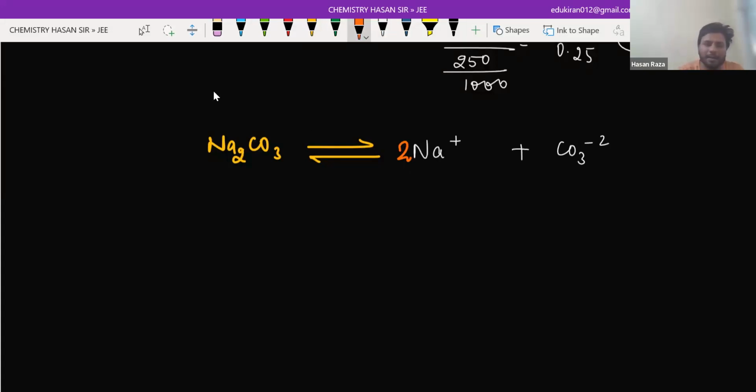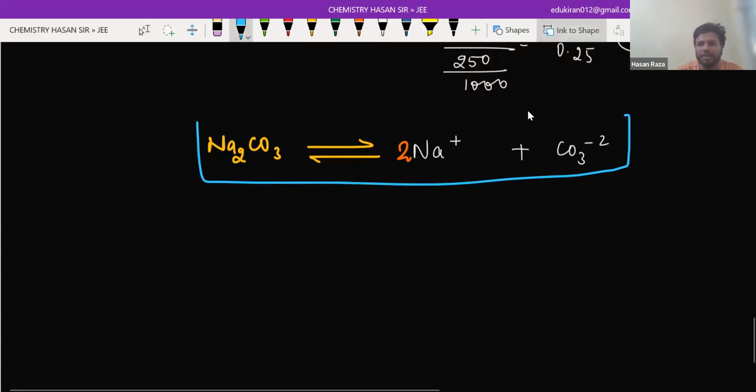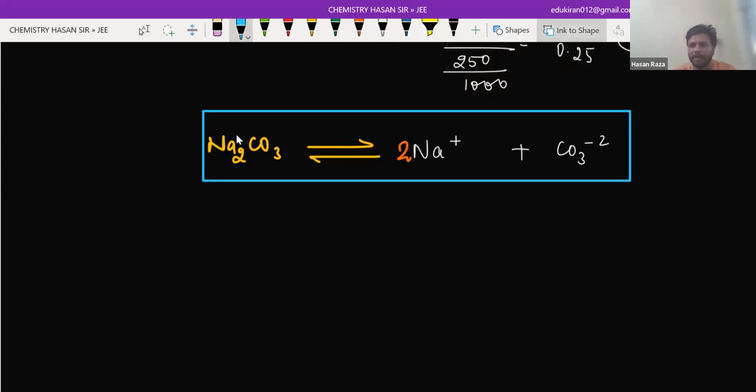Now it is balanced. Now you are going to apply the stoichiometric concept from class 11th. What is the coefficient? In maths, we say coefficient. What is the coefficient of x square? That is 1. What is the coefficient of x cube? That is 2. But in chemistry, we say stoichiometric coefficient. What is the stoichiometric coefficient of Na2CO3? That is 1. Of Na plus?